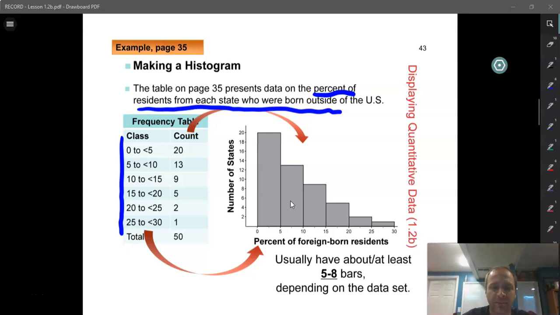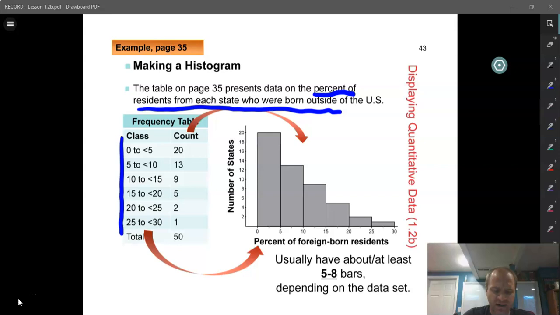Context, always remember that. And so we have our shape, we have our center, we have our spread. Well, the spread can help us out here. Spread shows that we have the data ranging from less than 5% to a little over 25%. We would actually go to our table in the book in this case, and we'd be able to find the exact range to examine the spread.